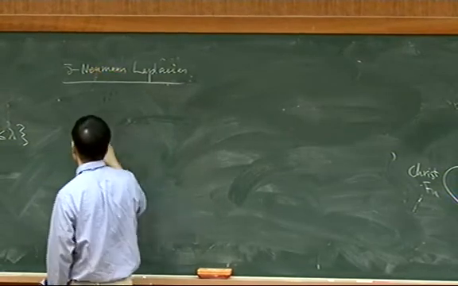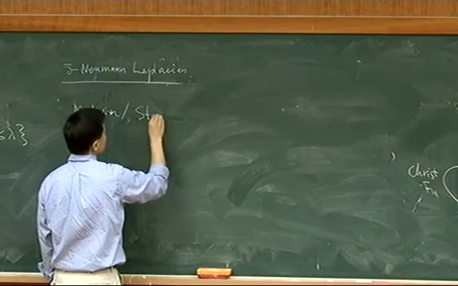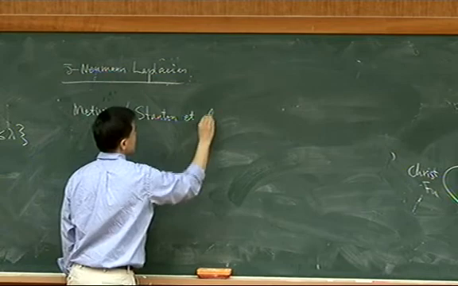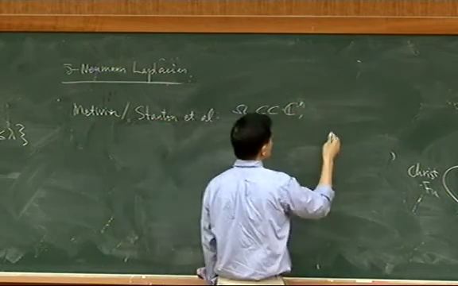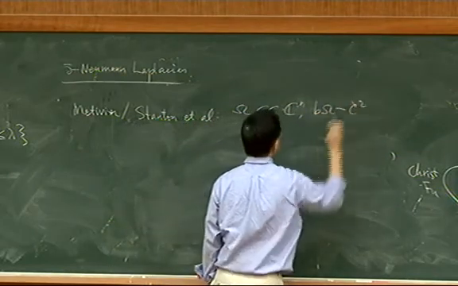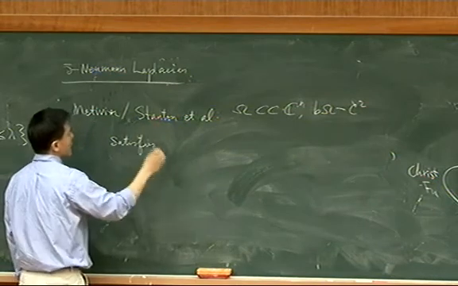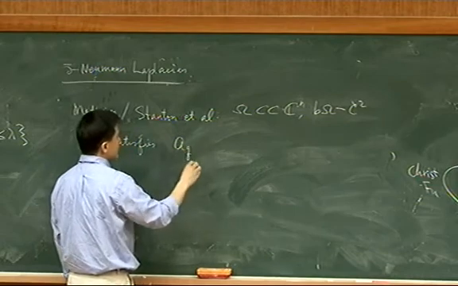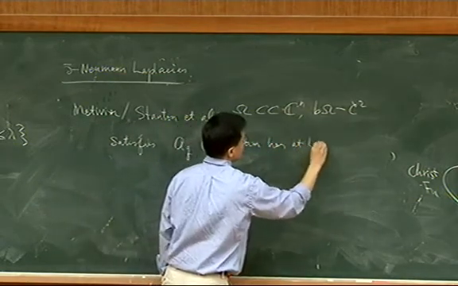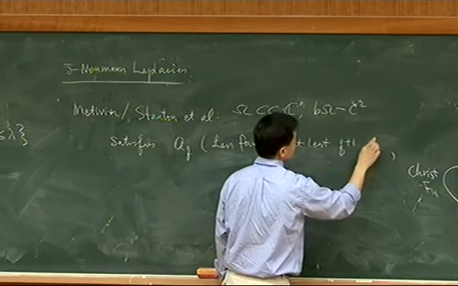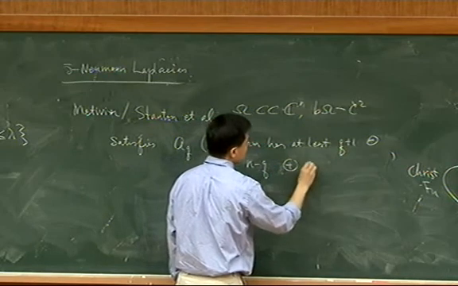Now, this theorem is due to Métivier and to Nancy Stanton and her collaborators, which says that if omega, let's say, is a domain in C^n and the boundary is C2 smooth, and it satisfies condition A(q), or in some books Z(q), which means that the Levi form has at least q plus 1 negative or n minus q positive eigenvalues.